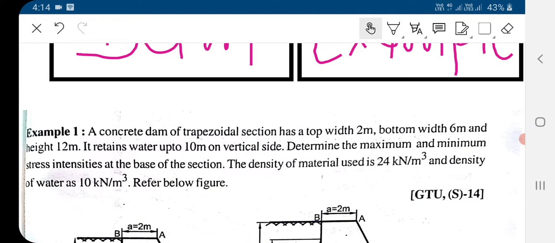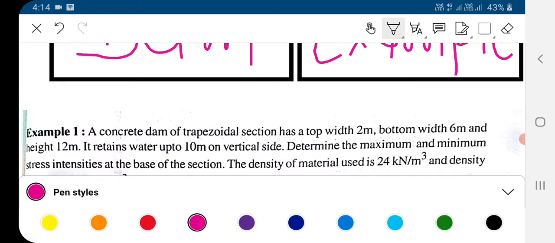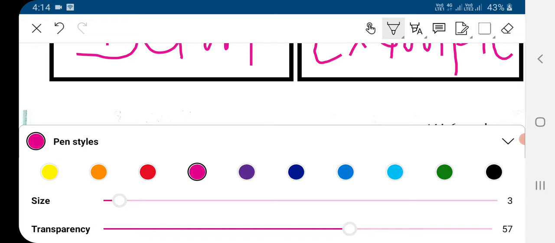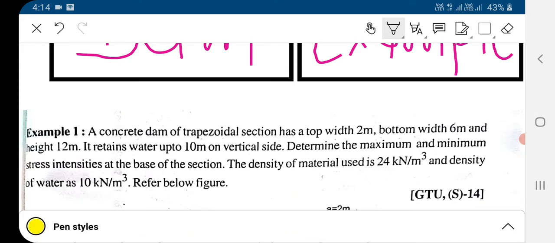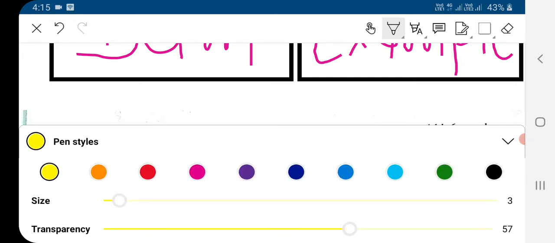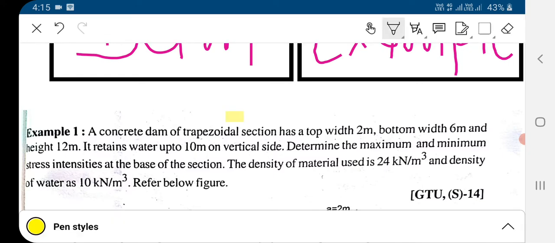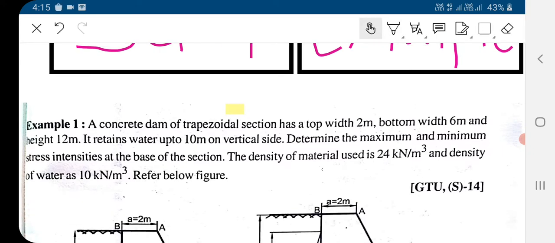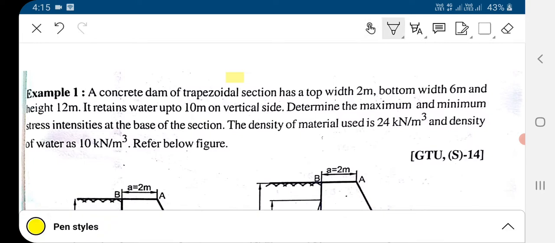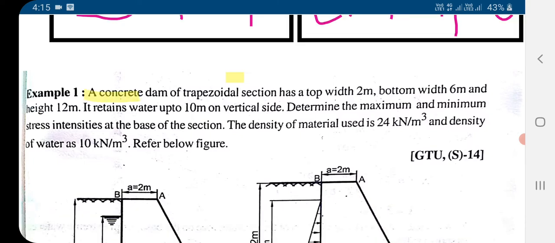So let's start with this first example, that is a concrete dam of trapezoidal section.